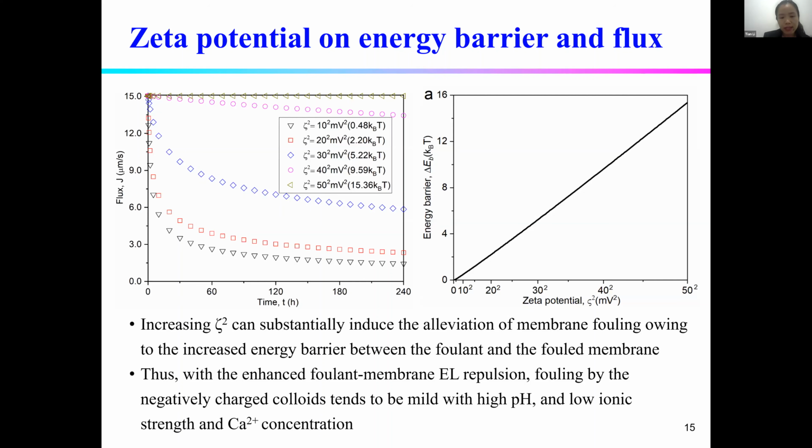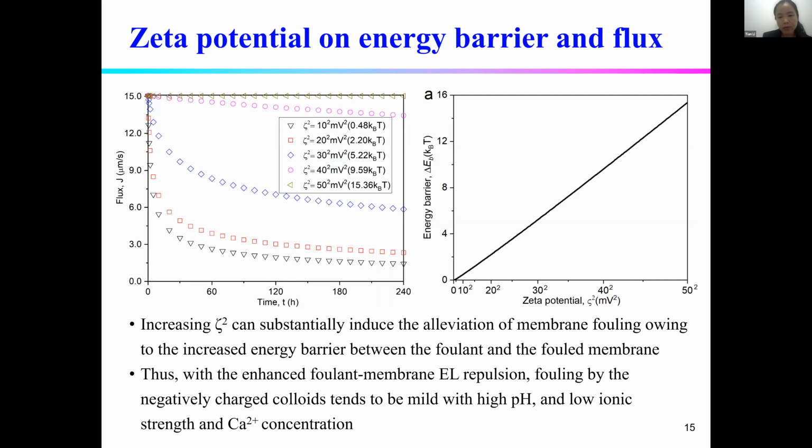Thus, we can see that increasing the zeta potential score can substantially reduce the membrane fouling. And from the right-hand side figure, we can see that with the increase of the zeta potential score, the energy barrier increased proportionally. Thus, the reduction of the membrane fouling can be directly related to the energy barrier change.